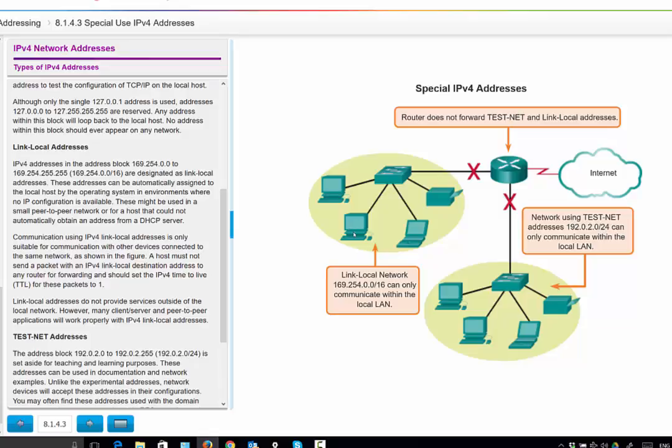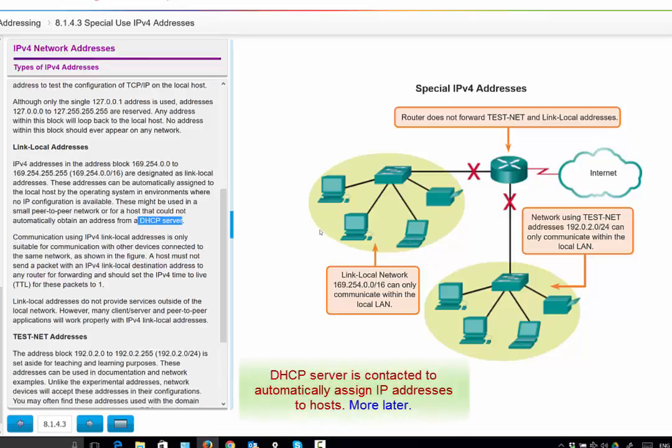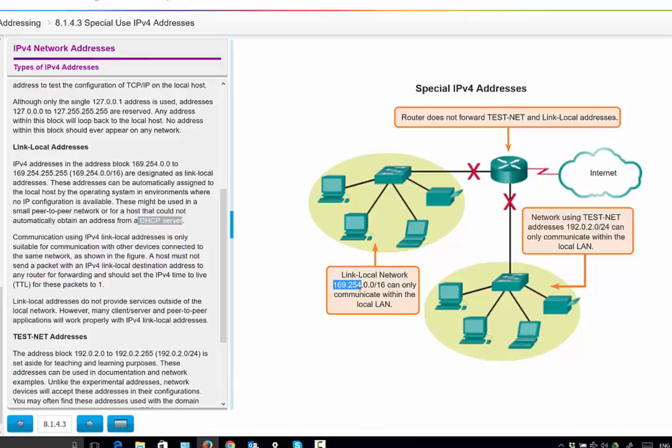If the operating system tries to connect to the DHCP server and cannot connect, it cannot obtain a dynamic IP address. In that case, it sets the IP address on the host arbitrarily using this range of addresses.